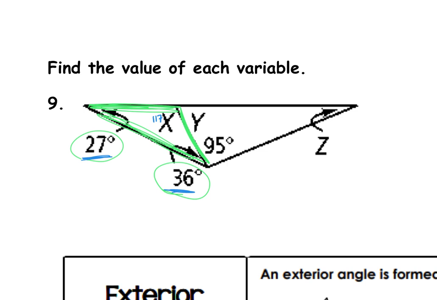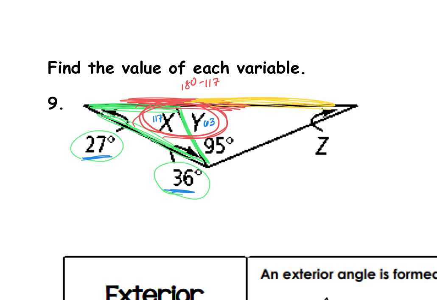Now we're going to take these 2 angles. We're going to look at these 2 together, x and y. Now, do you see how x and y make this straight line? And we know a straight line is 180. So we're going to take 180 minus 117, and that's going to tell us angle y is 63. So once I have those 2, we can find z, because now we have another triangle.